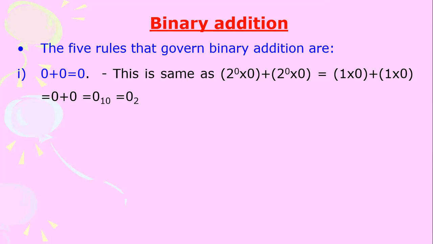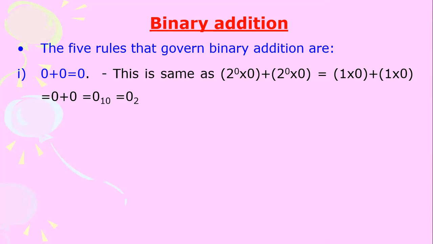This is the same as 2 raised to power 0 times 0. Any number raised to power 0 gives a 1. So 1 times 0 is a 0, plus 2 raised to 0 times 0, which gives 0.